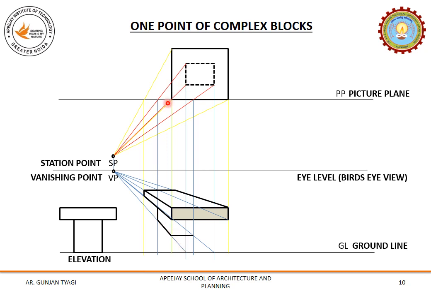This is the line which is joining the station point and this is the line which is extending downwards. So this is the point which I have received for the first point. Now similarly, I will receive the second point, extending the point downward, and here you see I have received the second point. And for the third point, I have extended this point till the station point, now downwards, and I have received the third point.